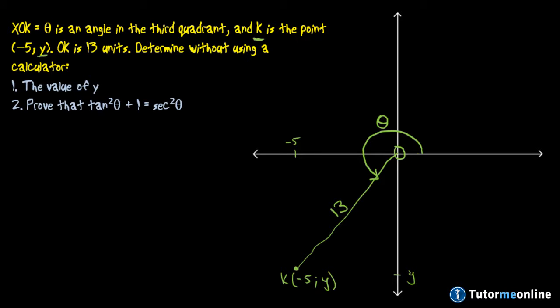Okay, so the next step that I always follow is to write down the SOHCAHTOA mnemonic. And then we just substitute the sides x, y and r for our adjacent, opposite, and hypotenuse respectively.